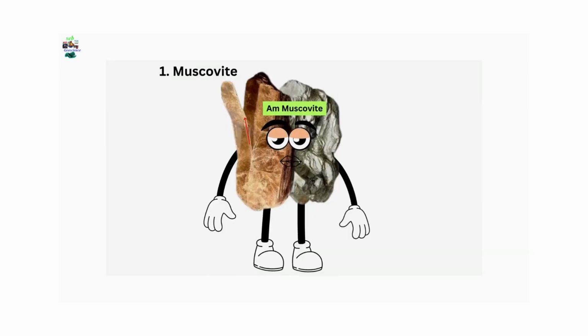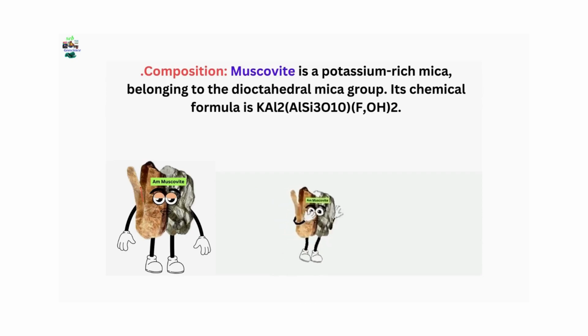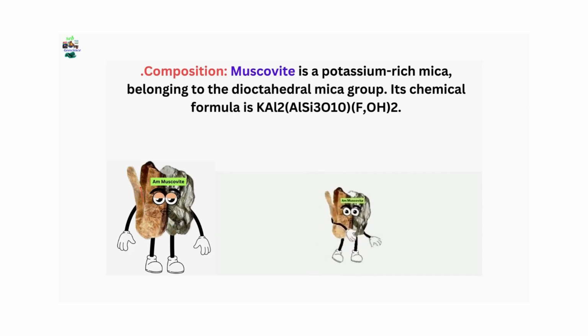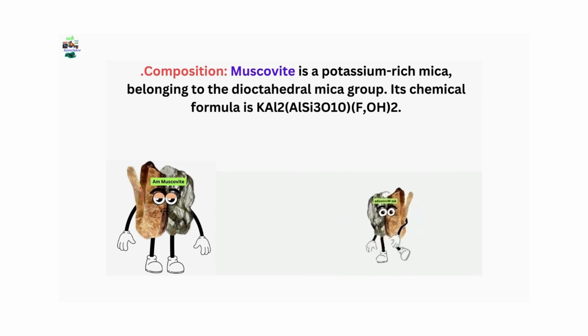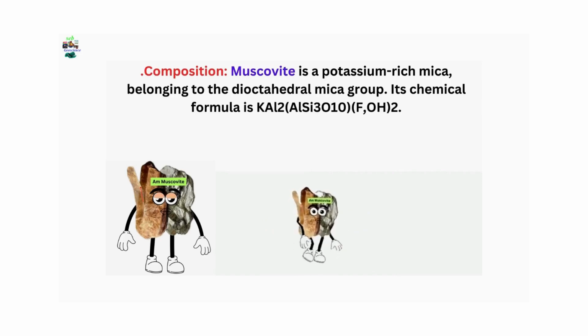Okay, the first one is muscovite. Composition: muscovite is a potassium-rich mica. Okay? Potassium, aluminum 2, aluminum Si3 O10, with water. Okay? This is the chemical formula of muscovite.